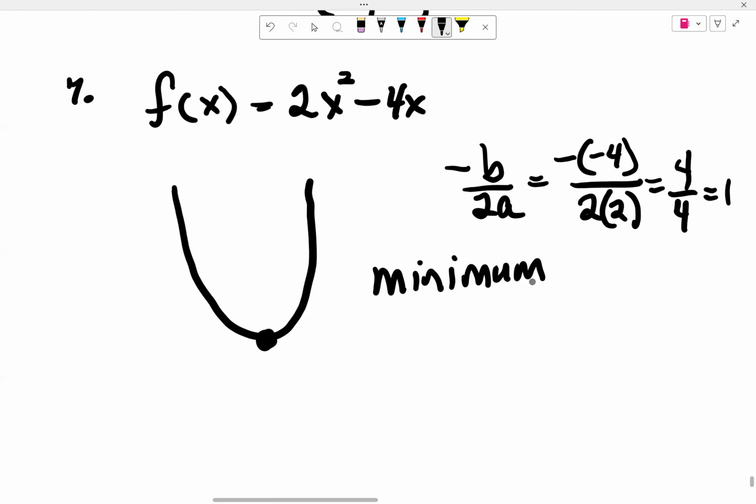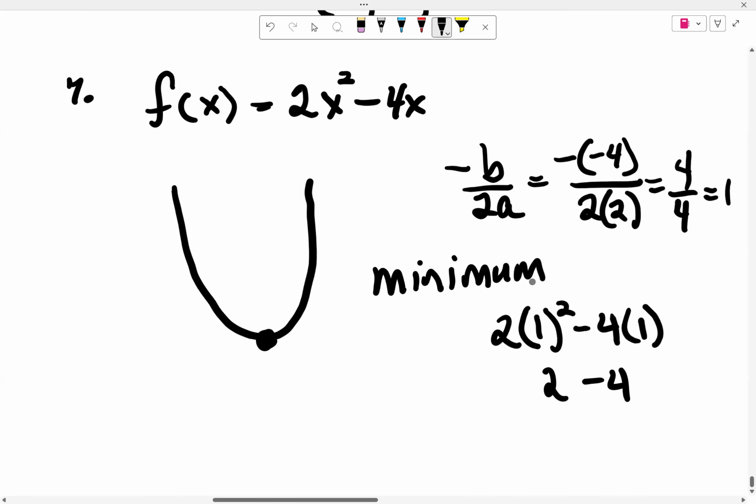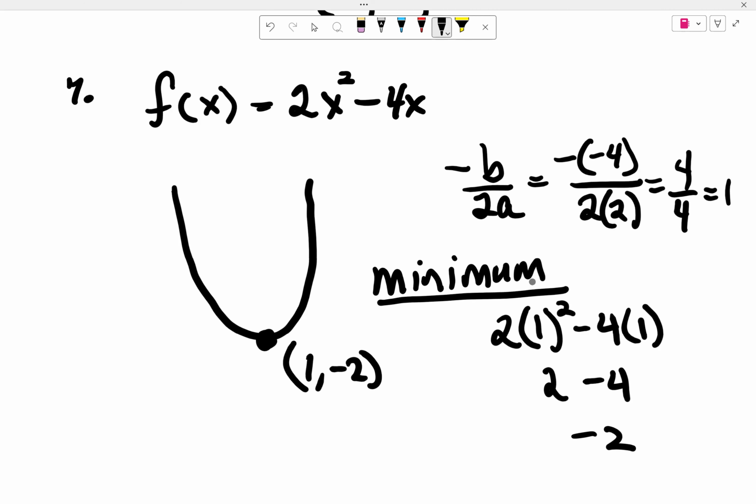If you want the y value, that means 2 times 1 squared minus 4 times 1. So this gives me 2 minus 4, which is equal to -2. So my vertex down here is (1, -2), and it's a minimum because it opens up.